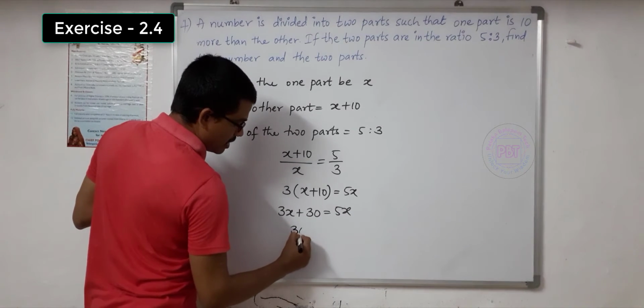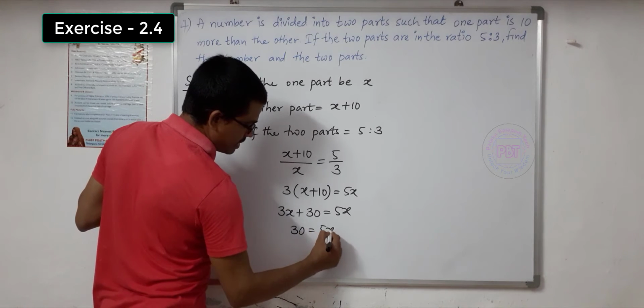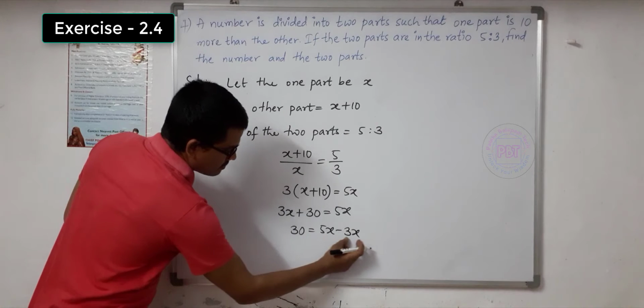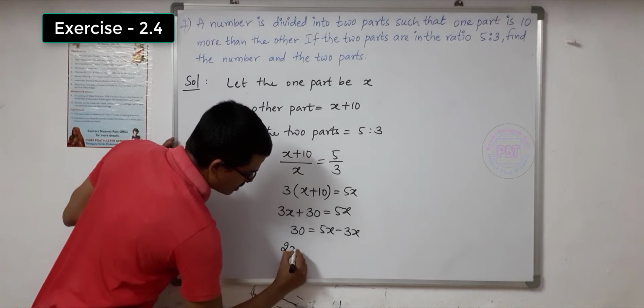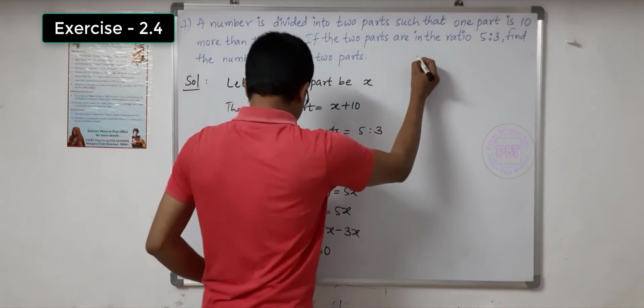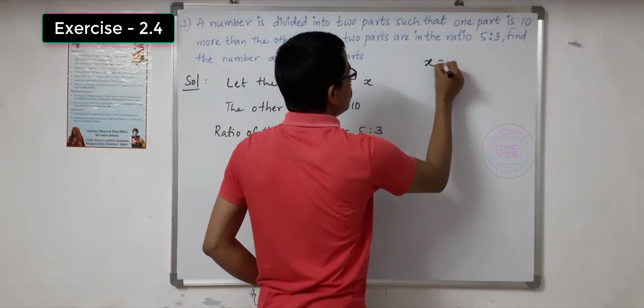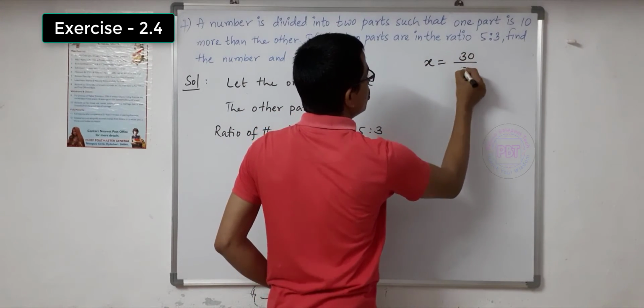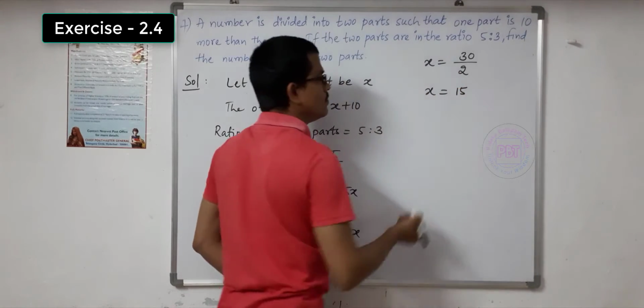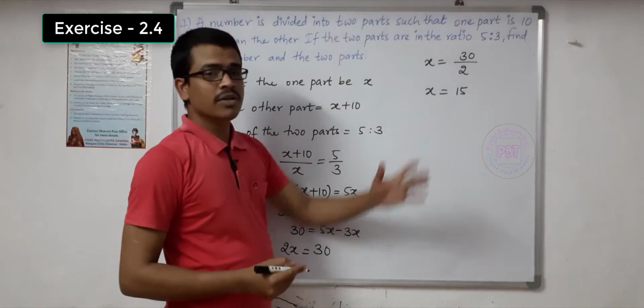Now 30 equal to 5x, plus 3x becomes minus 3x. That is 5x minus 3x is 2x, equal to the constant 30. From this we can write x equal to 30/2, 30 by 2, 15 times. The x value is 15.